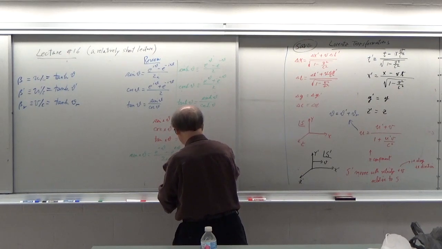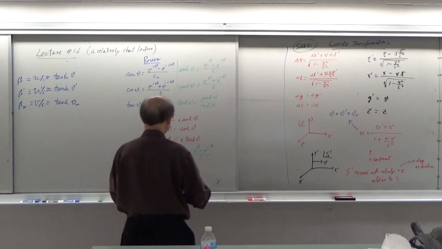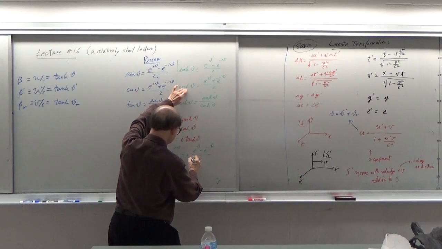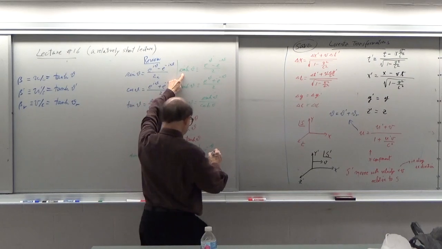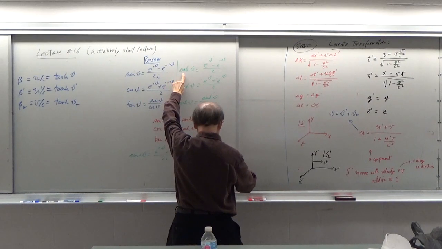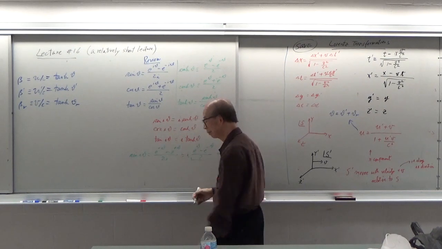So this will be i times e to the plus theta minus e to the minus theta divided by 2. Lo and behold, this is nothing but the hyperbolic sine function. So this is i times the hyperbolic sine function. Hence, the first identity.